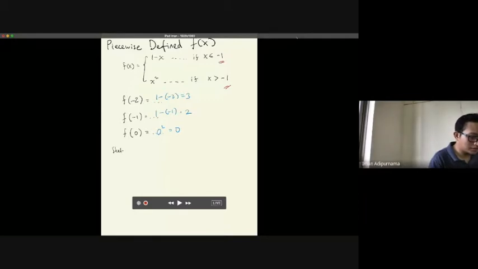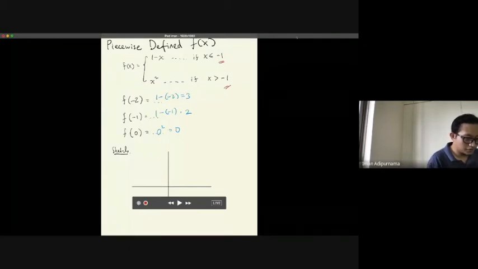And how do we sketch it? So we have x squared from -1 to 1. 1 minus x is pretty much the same as y equals x, but you need to shift the graph, maybe around here.